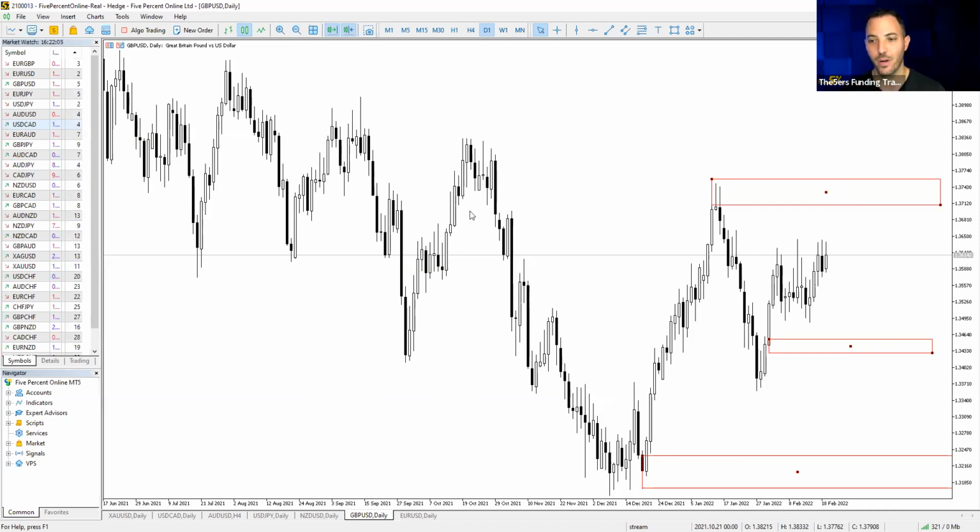So that's what's happening. We're seeing a lot of money waiting for something to trigger a break to the upside or to the downside. So just be careful with that. Accumulating orders before the break.